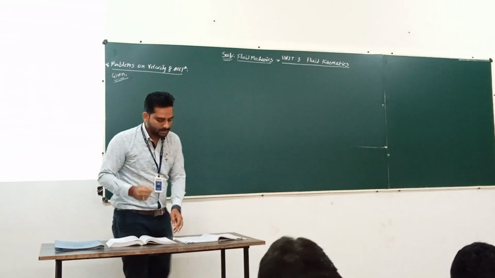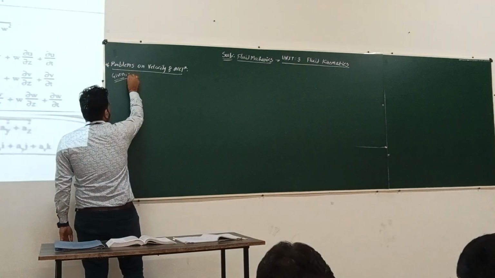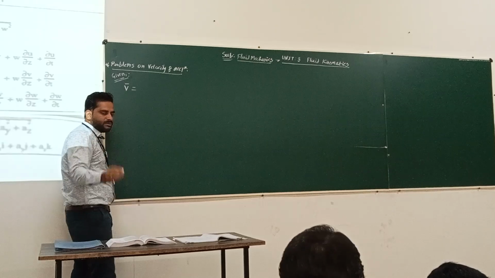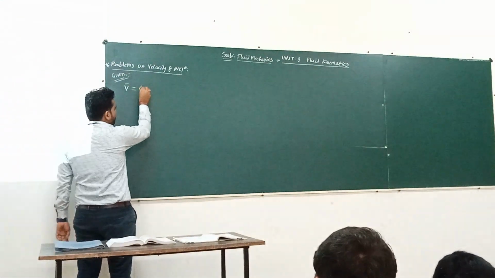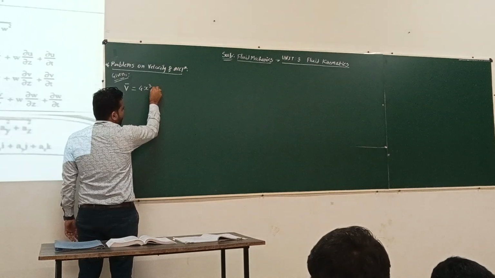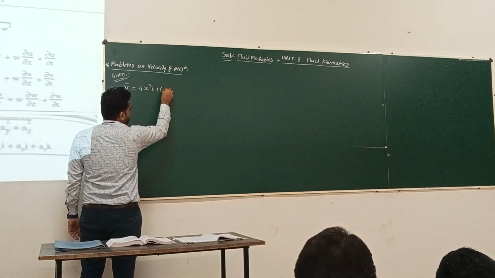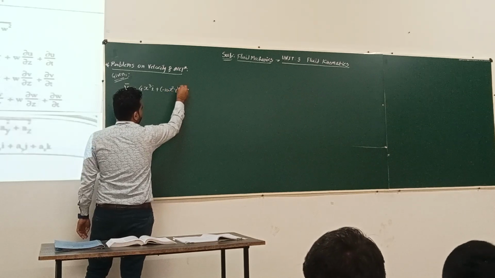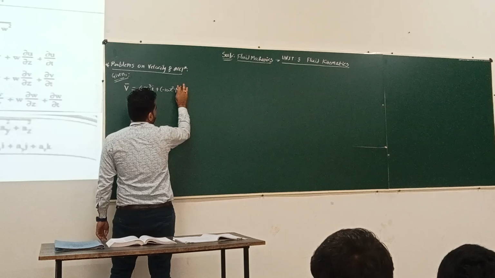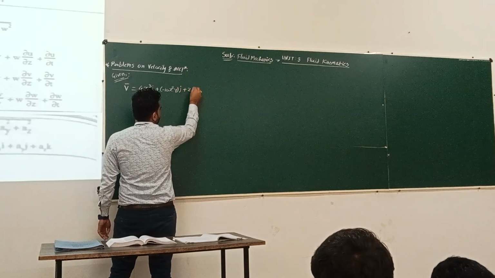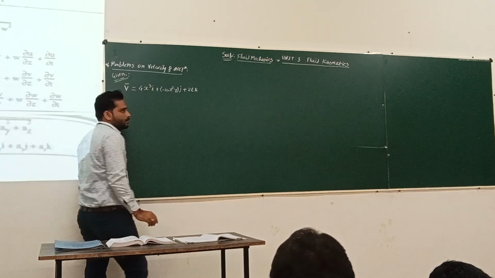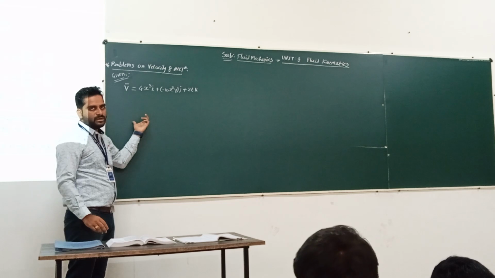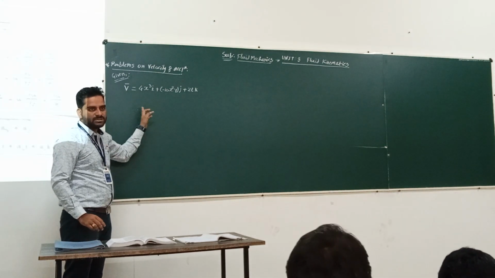So write down the given data. The velocity vector is given: V bar is equal to 4x cube i plus minus 10x square y j plus 2t k. We are also given one point or coordinate at which we have to find the velocity and acceleration of this velocity vector.